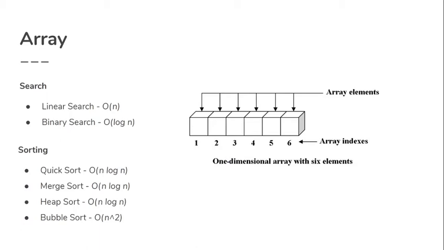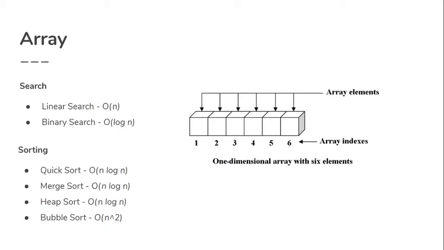And in array, we have another technique called sorting. Sorting is a very important one. We need to do ascending and descending orders, and this operation is needed in a lot of places. That's why we need different kinds of sorting techniques.